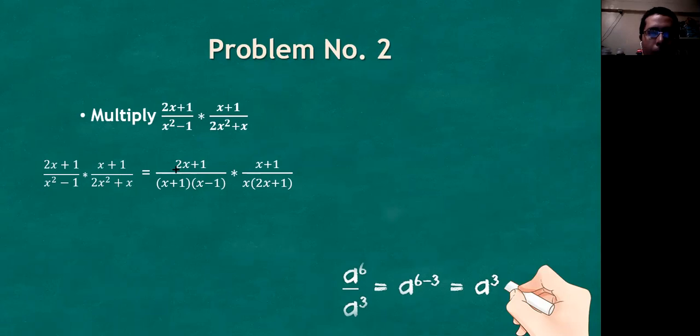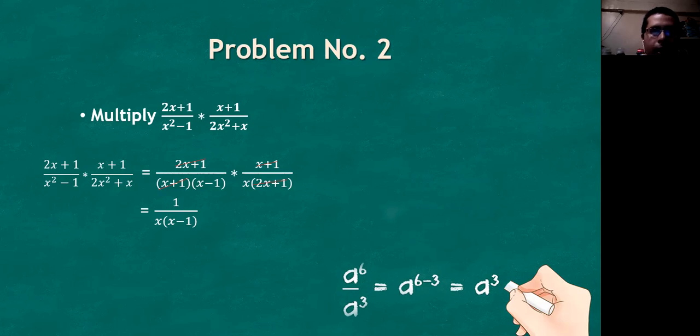Okay, so we cancel out the common factors. 2x plus 1 is canceled out, and of course, x plus 1 is canceled out. If that's the case, your rational expression will look like this. It will become 1 over x multiplied by x minus 1. Since in multiplying rational expressions we also eliminate the grouping symbols, we no longer need the grouping symbols there.